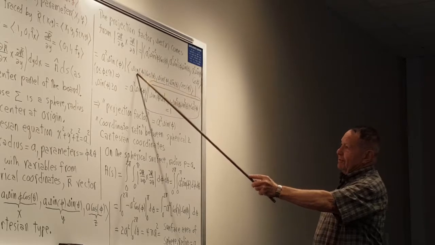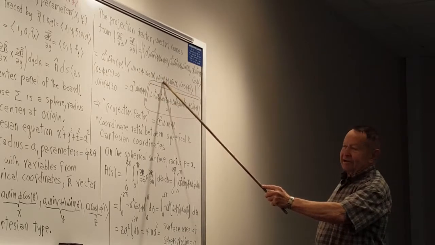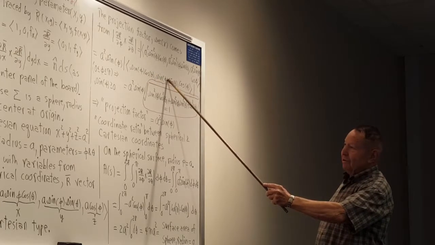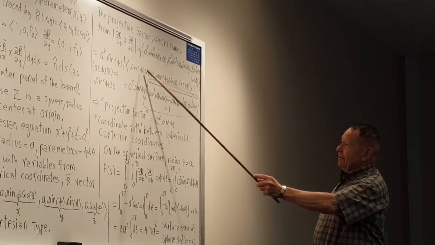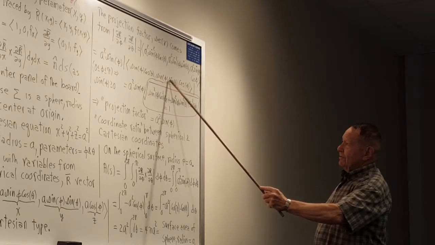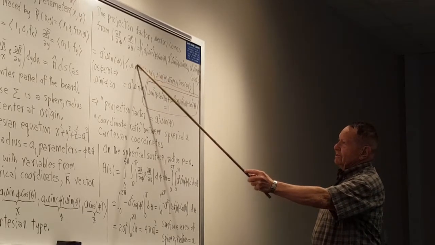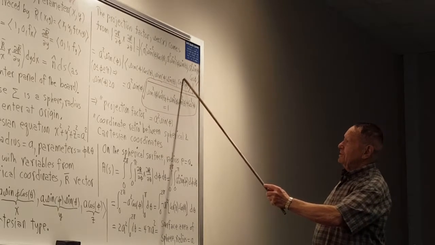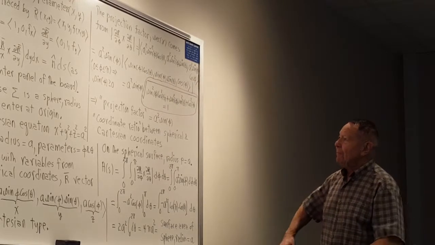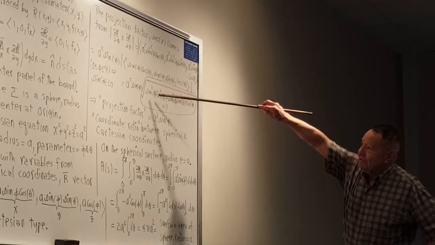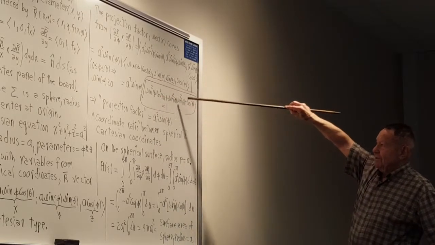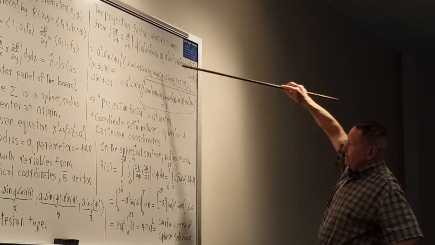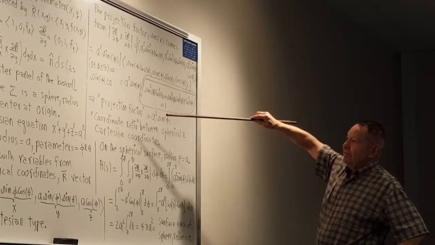So you have a common factor of sine square phi with this term and this one when you squared. So you can factor that out. You'll have sine square phi there and cosine square phi there.